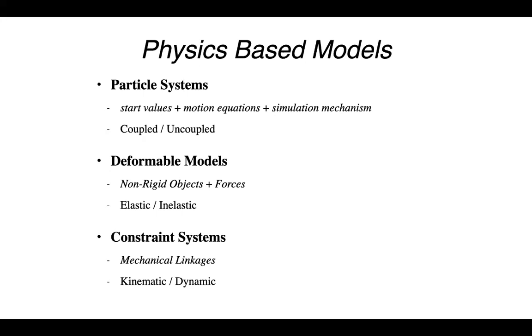And the same for constraint systems. Constraint systems are associated with articulated or kinematic structures. Human beings and animals have a skeleton, and the skeleton is an articulated structure, like a robot also.